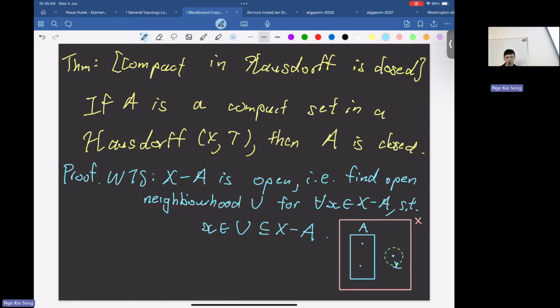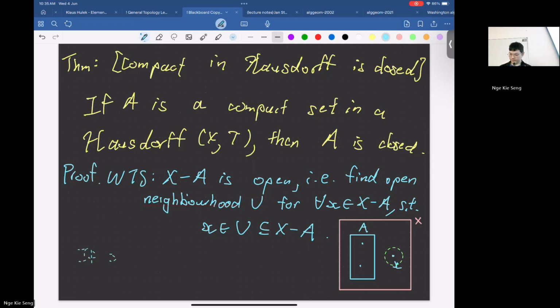All right, so what's the strategy here? How to start? Let's start from Hausdorff first.